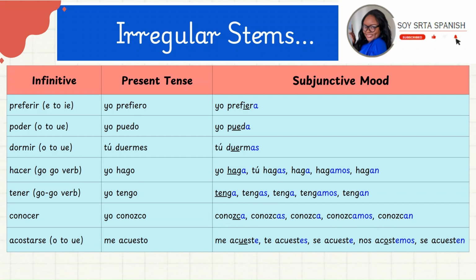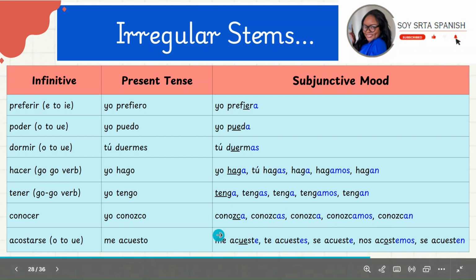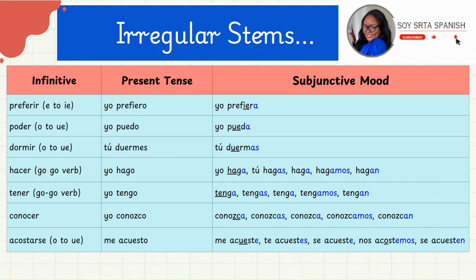Now this se becomes the reflexive pronouns me, te, se, nos, and se. Now that's all that we really need to know that's different from what we said before, because acostarse is a stem changing verb. Similarly, that would reflect in the subjunctive.